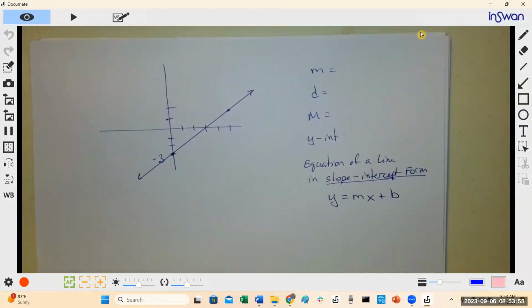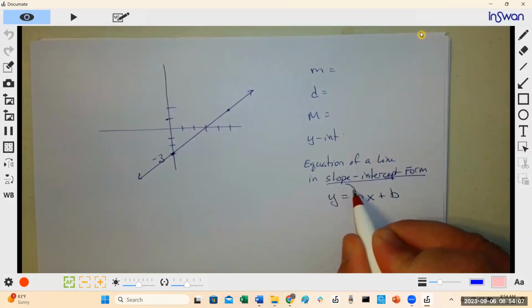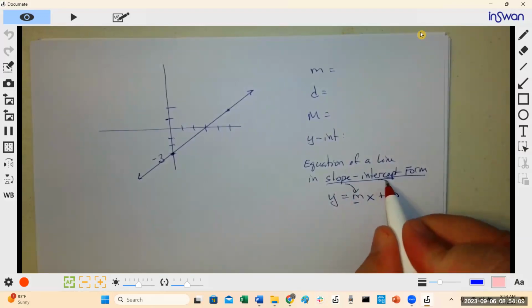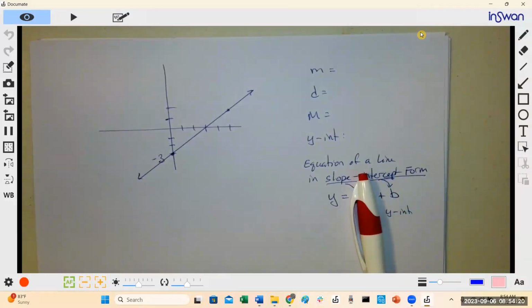A lot of people, when they think of an equation of a line, think y equals mx plus b. Why is this? Because m is the slope and b is the y-intercept. Remember, how do you find the y-intercept? Set x equals 0. In other words, remove the x, and what you're left with is just y. All right, so that's the equation we'll be using.